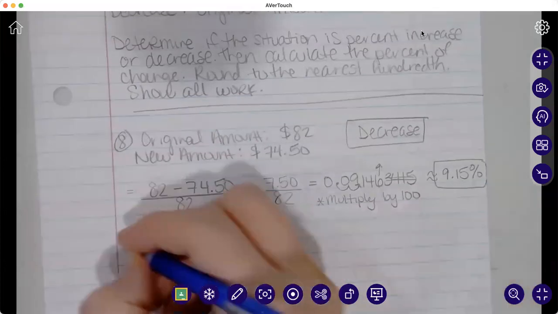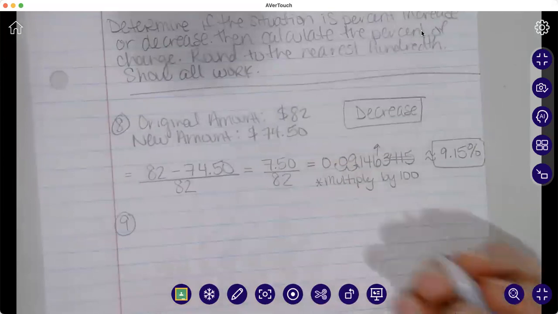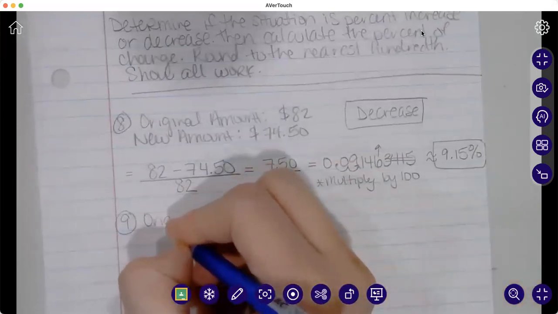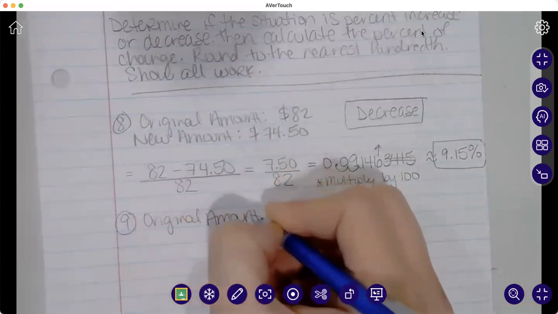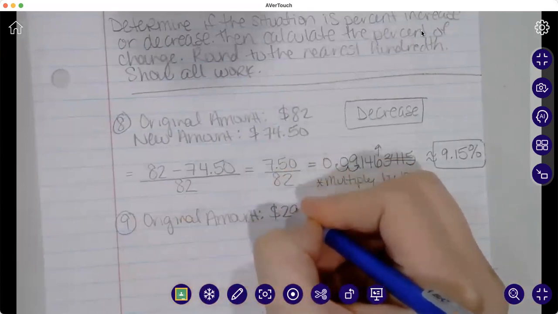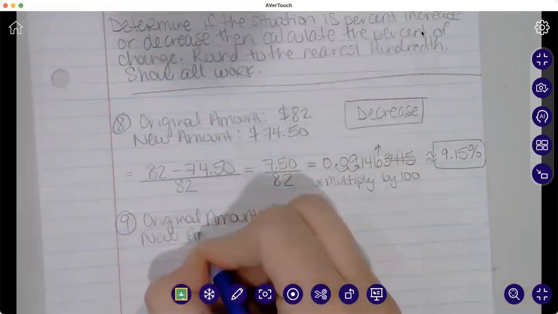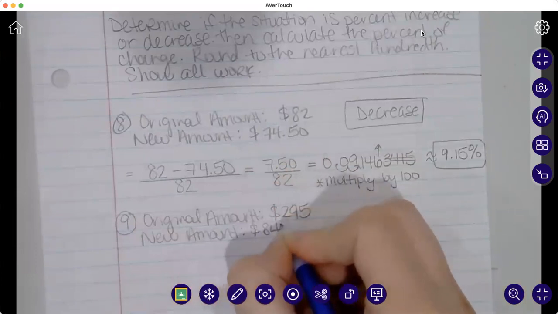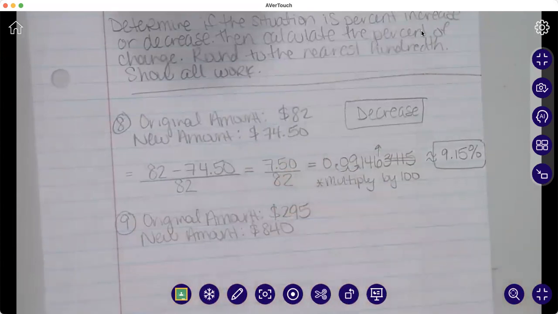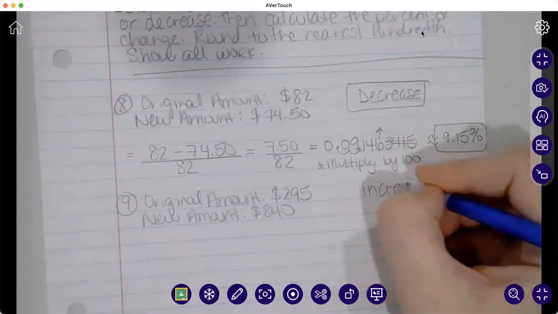Let's try number 9 to make sure we understand that process. Number 9, the original amount is $295. My new amount is $840. Now, is that an increase or a decrease? That is an increase.